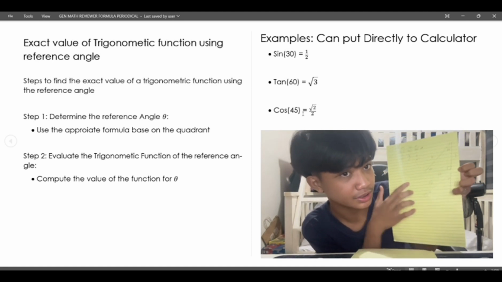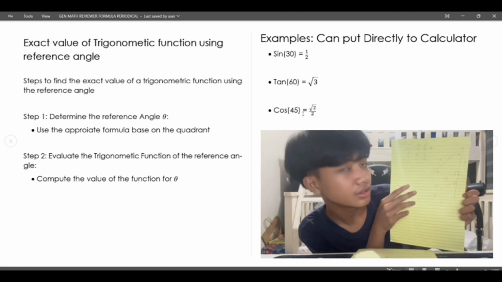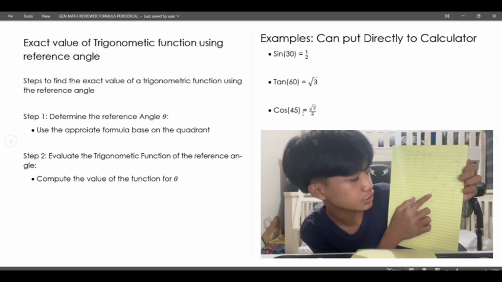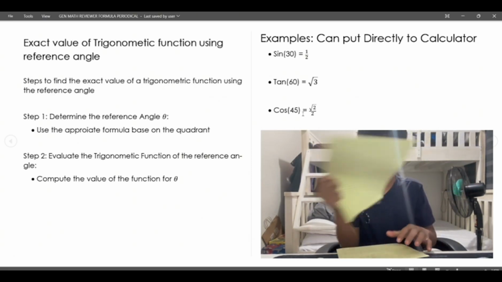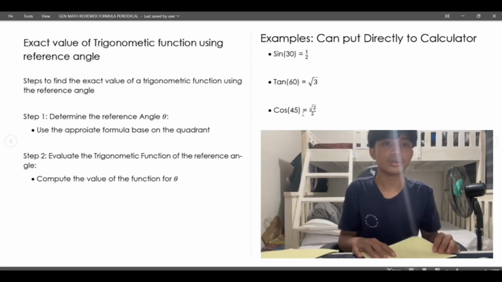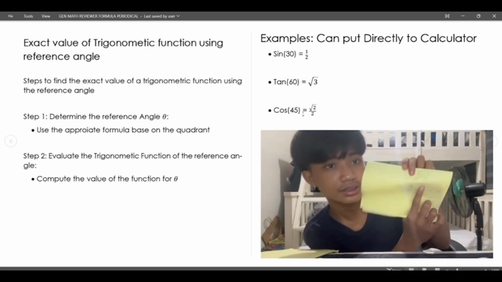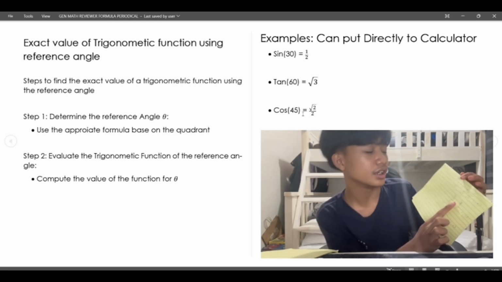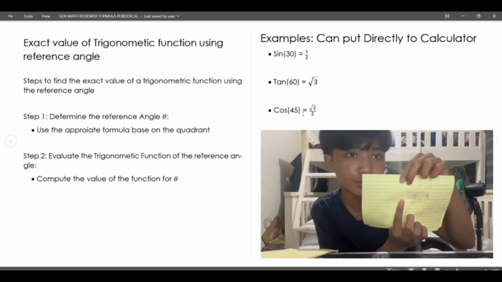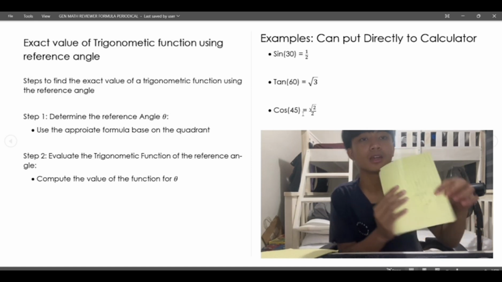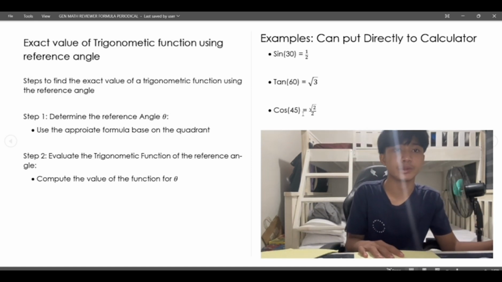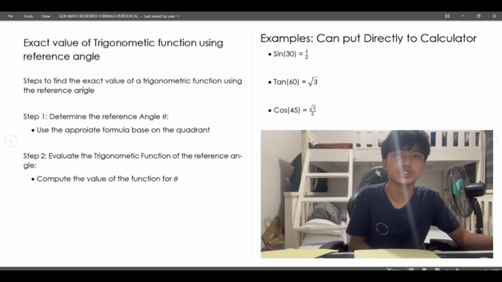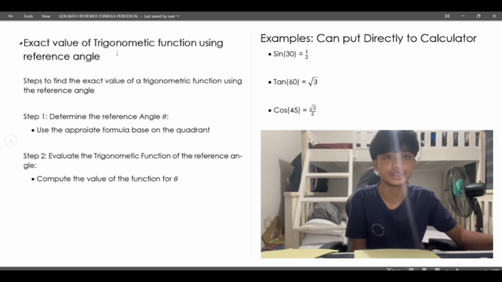The side is 1 and the hypotenuse is square root of 2. We multiply both sides by square root of 2 and get square root of 2 over 2. We cannot simplify it further. So this is the final answer, and that's how you find the exact value of a trigonometric function using the reference angle.